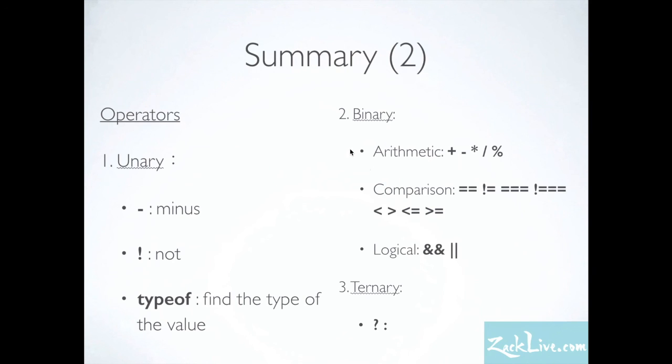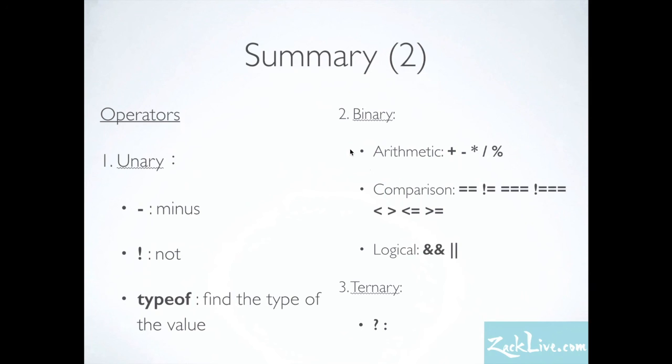The second thing we need to know about is operators. We talk about three types of operator. The first one is unary, which means it needs only one operand, like the minus, the negative, I should say, operator, and then the not logical operator, and the typeof operator.